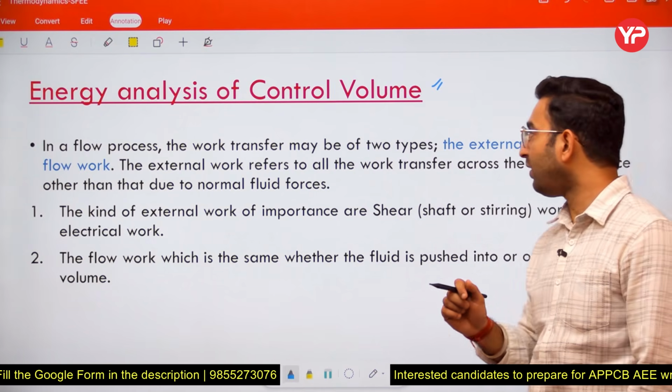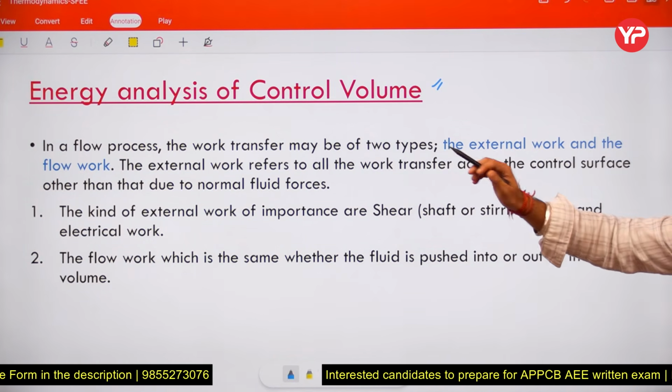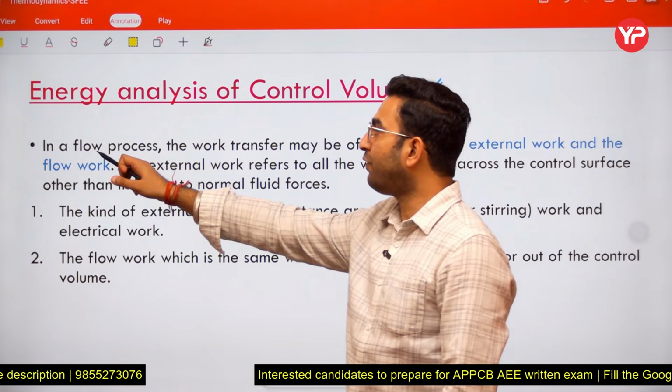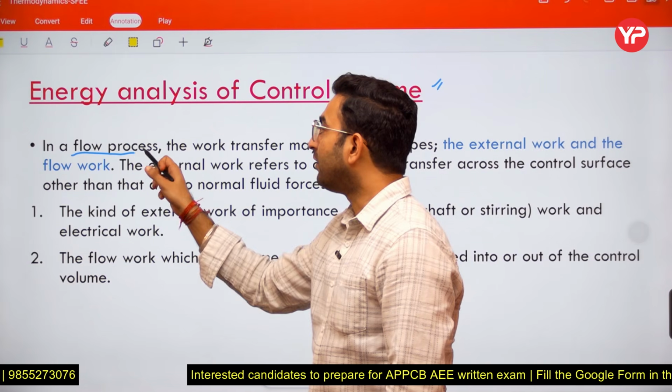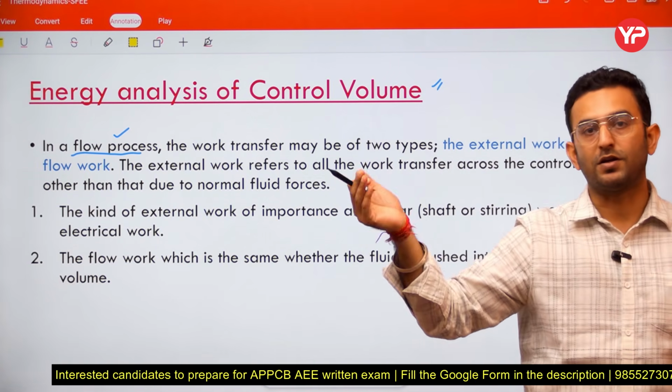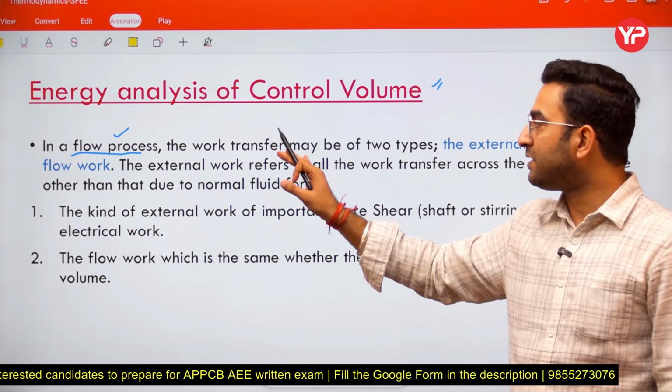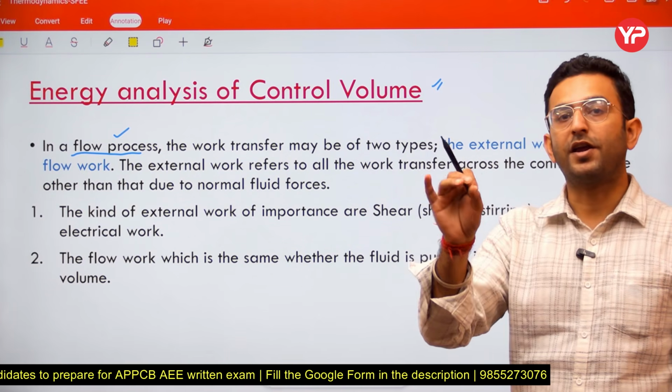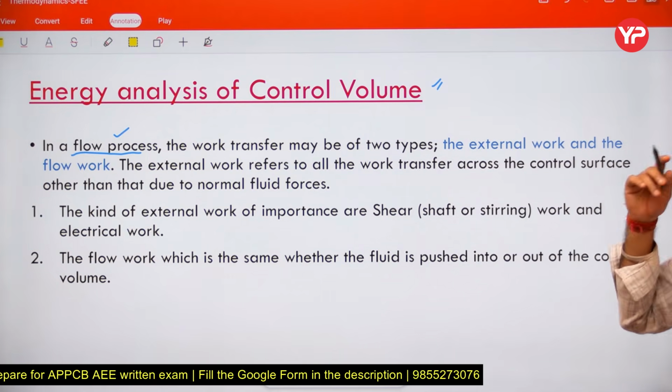The first one is in the case of flow processes. What is the meaning of flow process? The process in which the mass is continuously flowing into the system and out of the system. That means flow processes represent a case of an open system only.